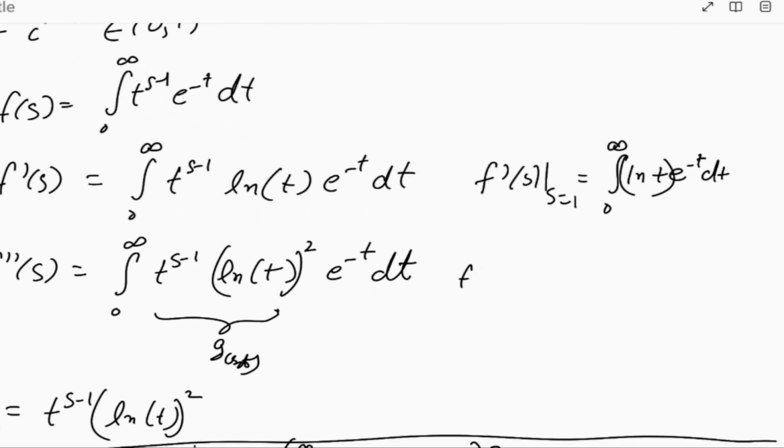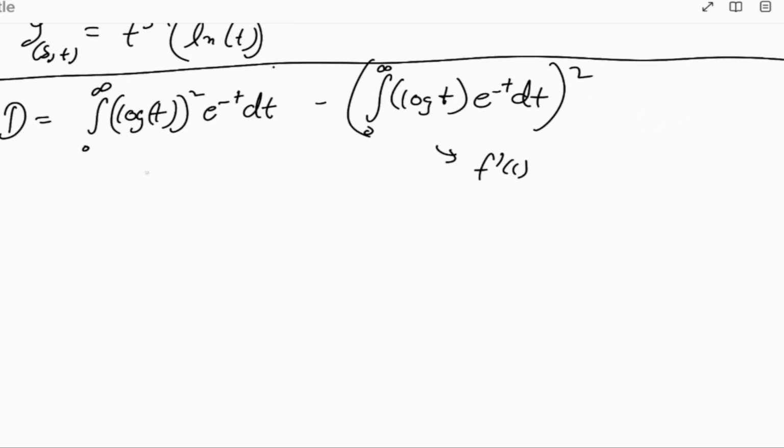Similarly, f double dash at 1 becomes 0 to infinity ln t whole squared e minus t dt. So this becomes f double dash at 1. So d is basically the double derivative of f at 1 minus the square of the single derivative of f at 1.